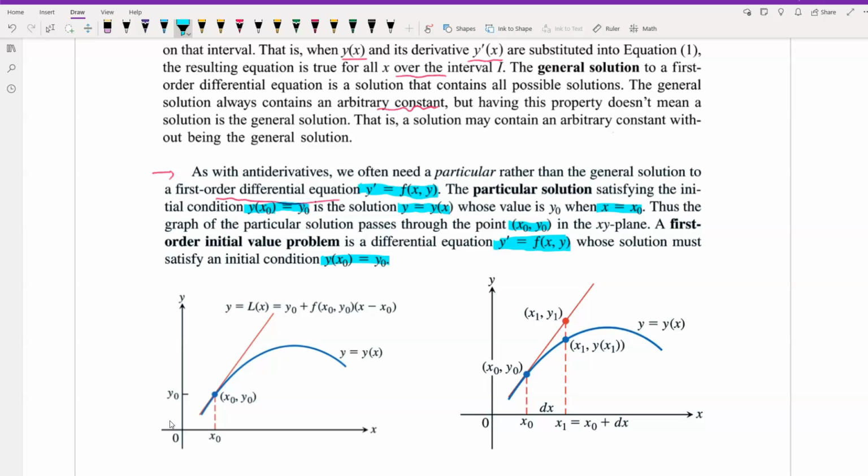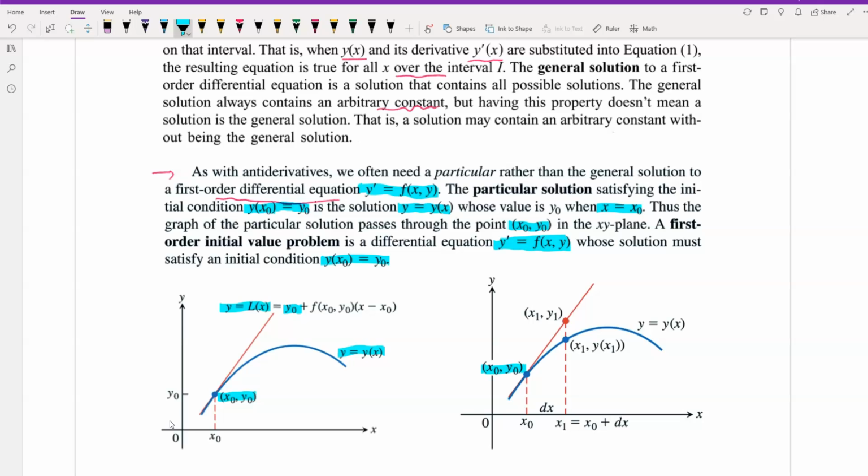Here we have the xy plane and the point x sub 0, y sub 0, and this curve is y equals y of x. And this line is y equals L of x, equal to y sub 0 plus f of x sub 0, y sub 0 times x minus x sub 0.